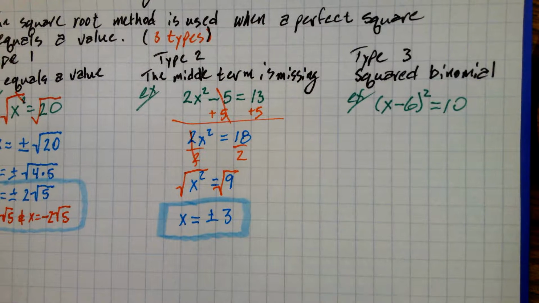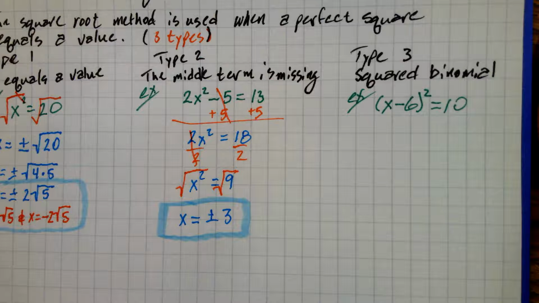So I have a squared binomial, right? And I want to get just x. I want x equals something. What do you think my next move is to get there? Well, it's trapped inside the parentheses, which means it's squared first. How do I get rid of the squaring?